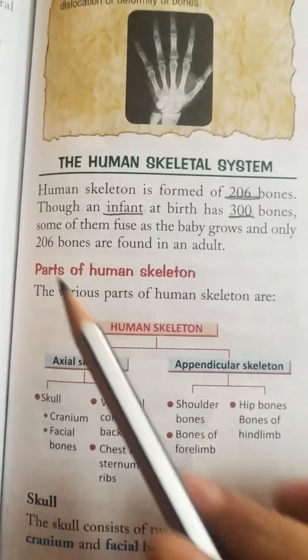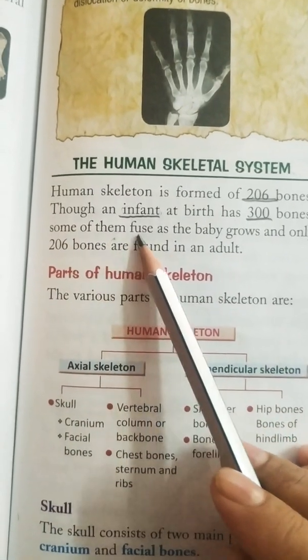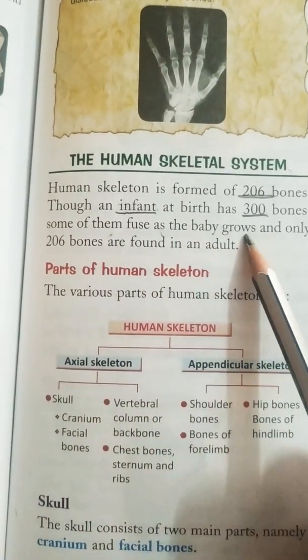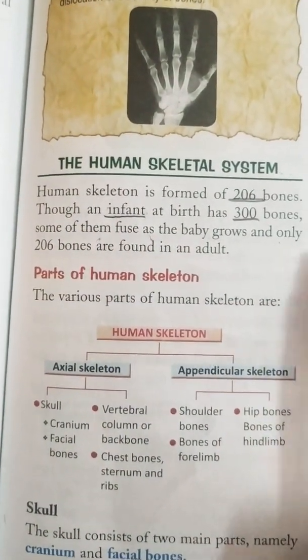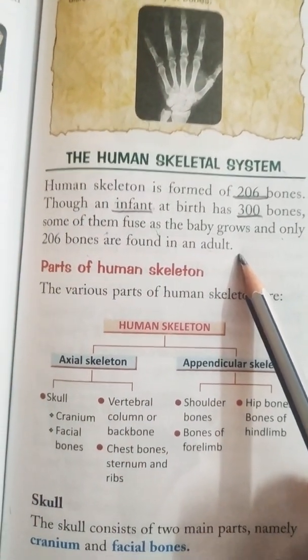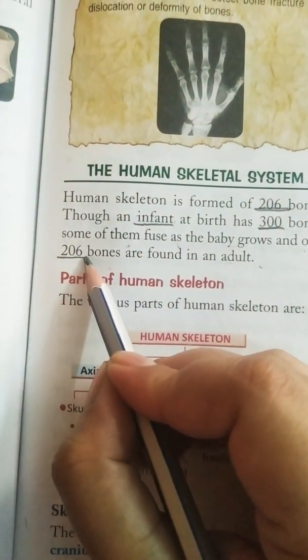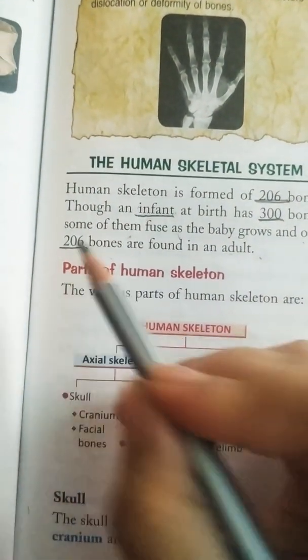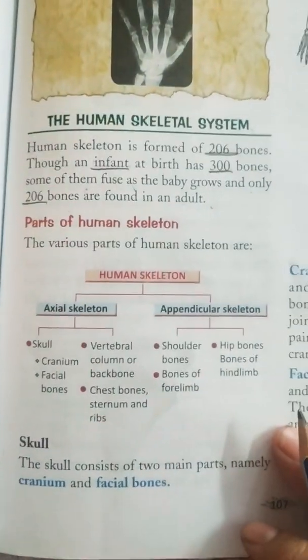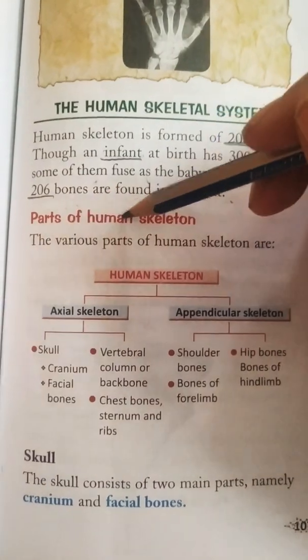Some of them get fused as the baby grows, and only 206 bones are found in an adult.